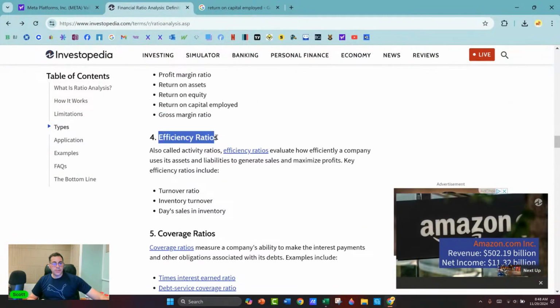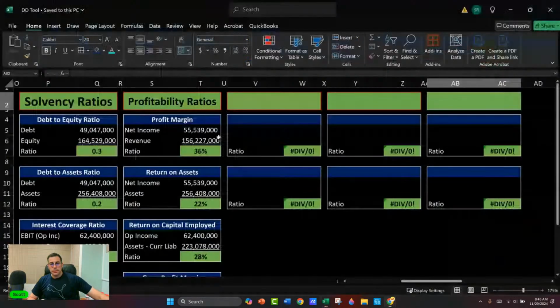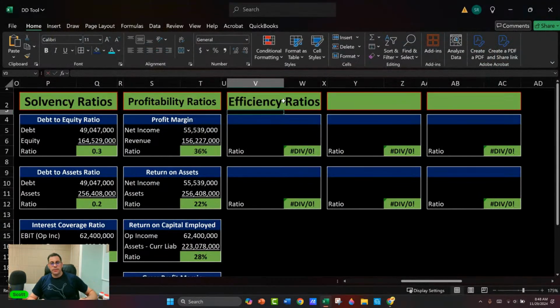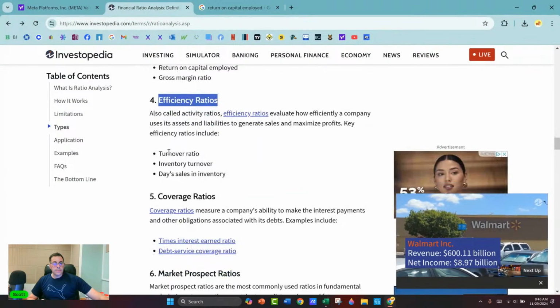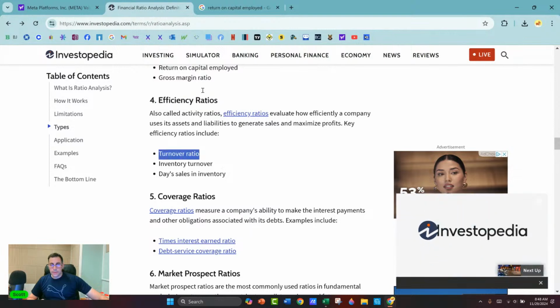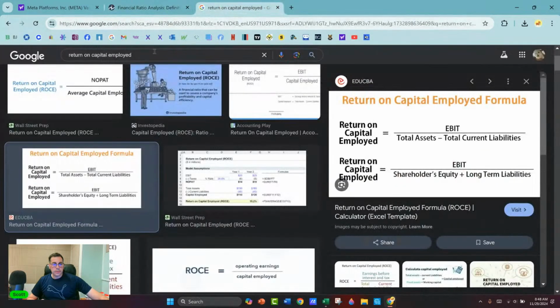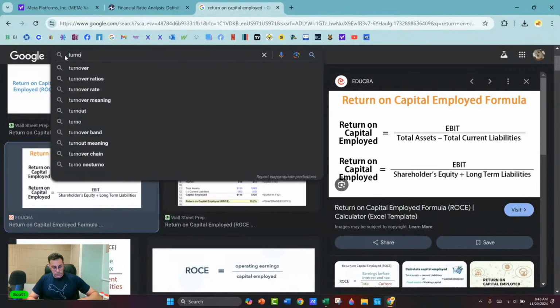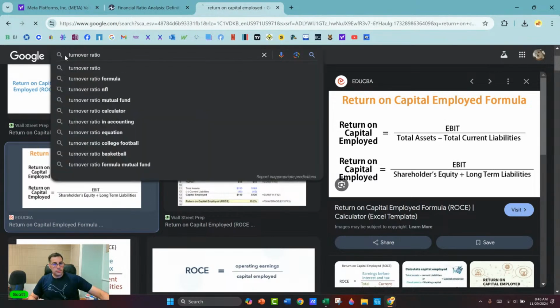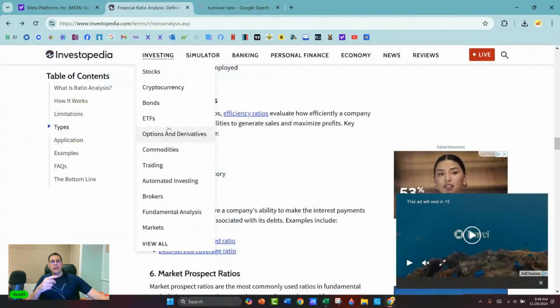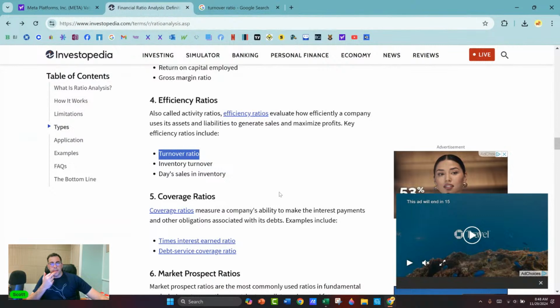Efficiency ratios. You can even make up your own ratios. When you get good at this stuff, then you start coming up with your own ratios. And a lot of analysts do that. Turnover ratio. I learned all this stuff doing the CFA, especially on level 1.